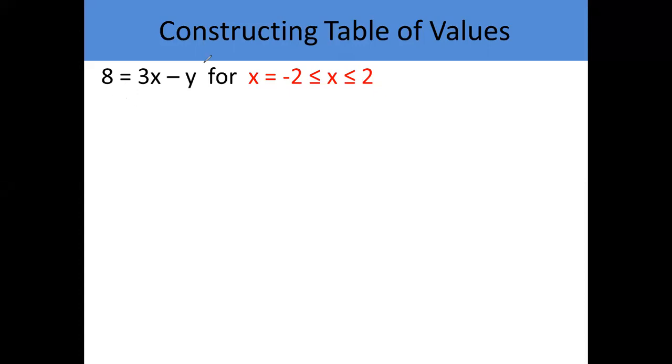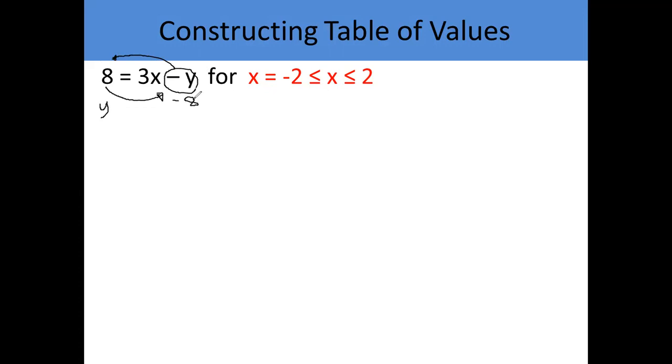Okay, we said that variables go to the left and constants to the right. When we transpose negative y to the left, it becomes positive. And when we transpose 8 to the right, positive 8 becomes negative 8.